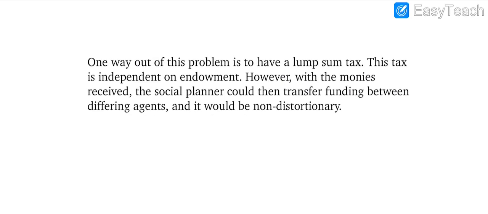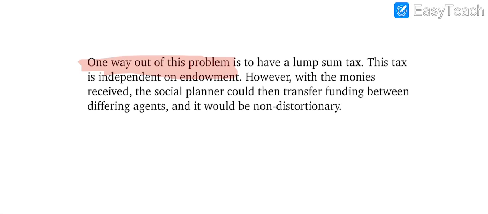So one way out of this problem is to have lump sum taxes, which are independent of the endowments and are decided by the social planner.